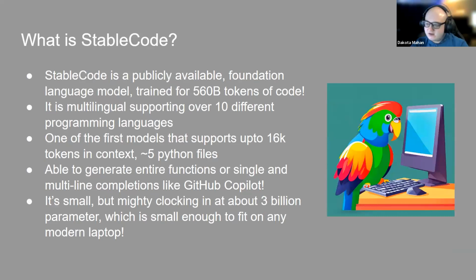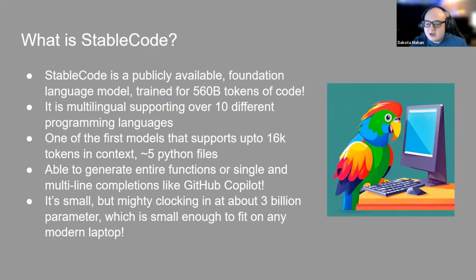And then, Stable Code is one of our Stability language models. It's publicly available. It's a foundational language model. It's trained on 560 billion tokens of code. It's multilingual, so it supports Python, C, and quite a few other languages. So when you're typing away, it'll support a lot of different languages for you.